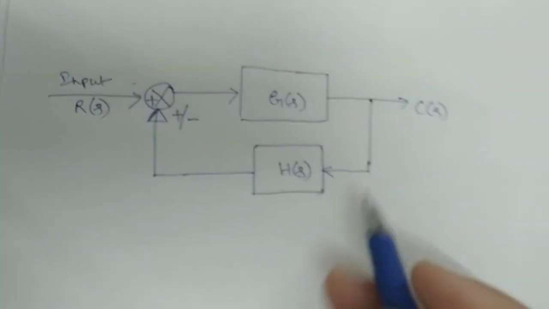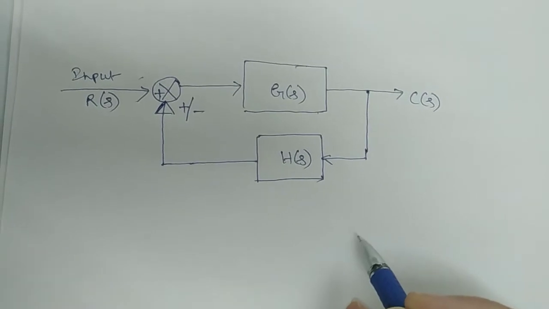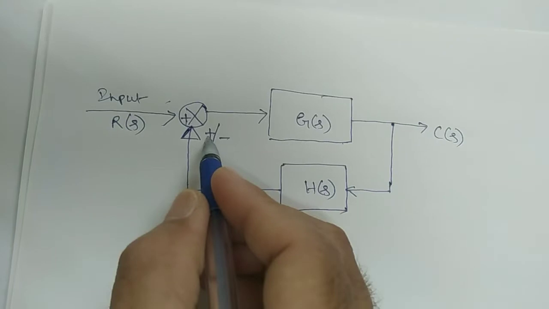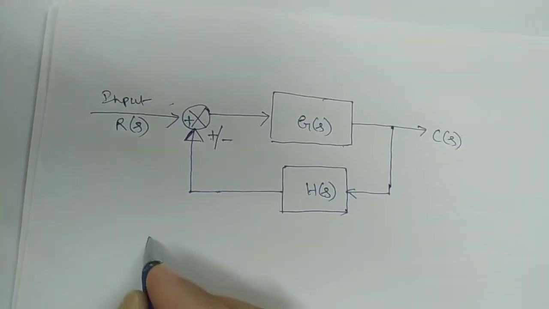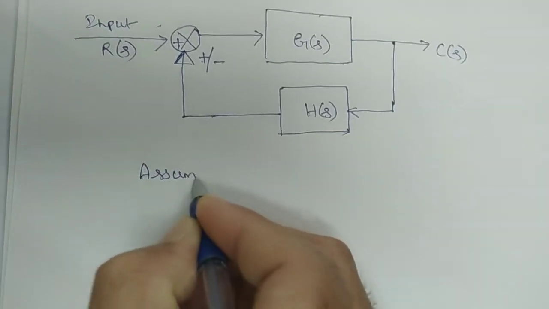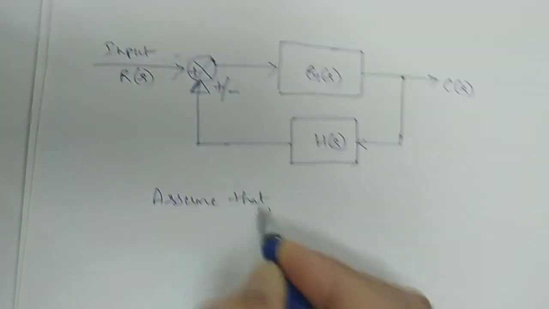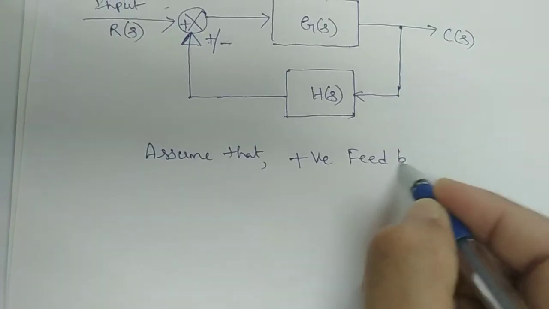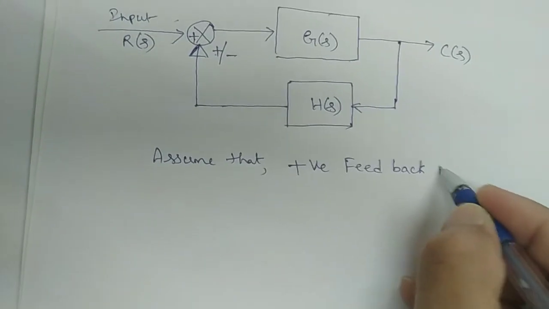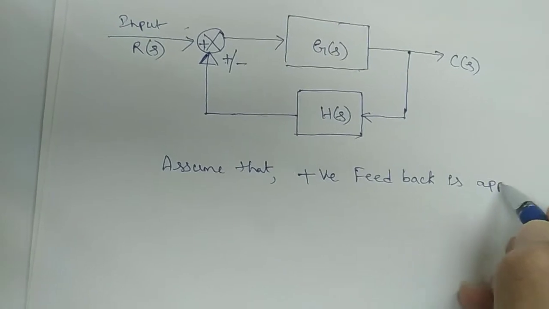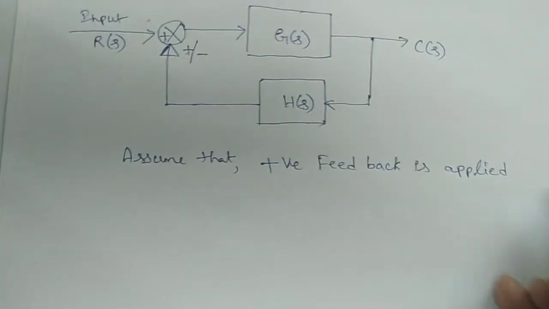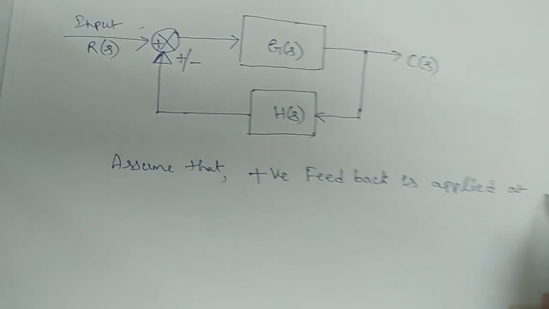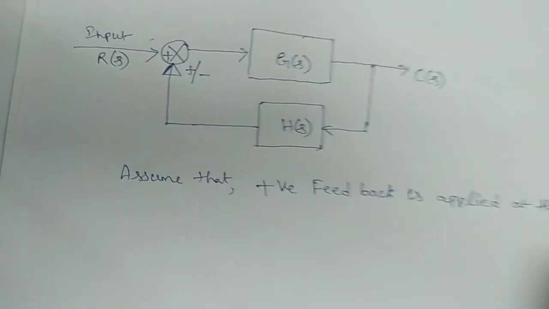This is your closed loop control system. Assume that I have given positive feedback. Positive feedback is applied at the summing point, at the input.